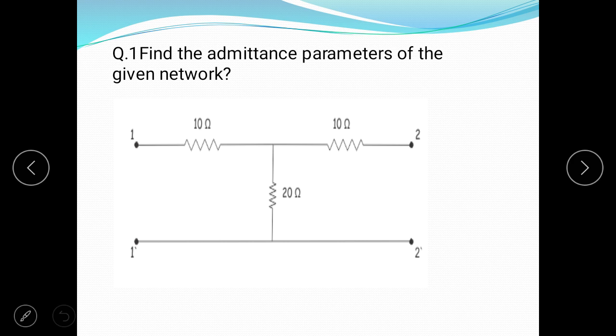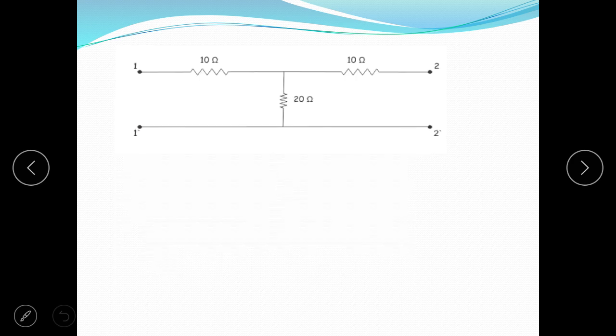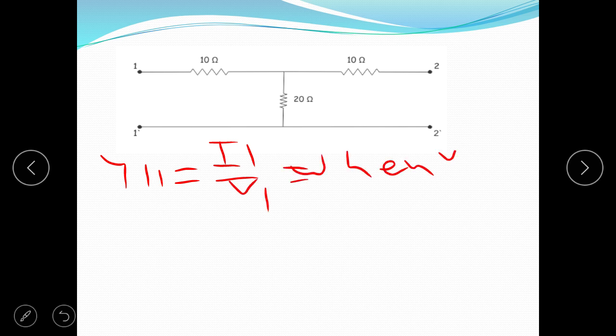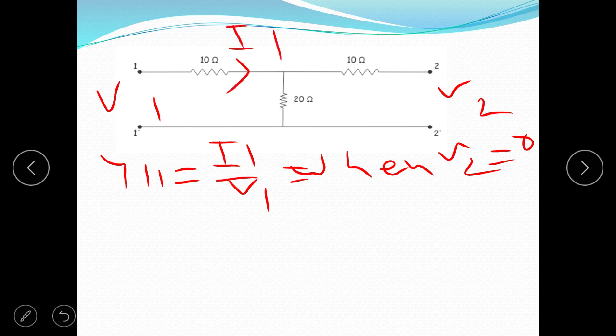First of all, we calculate the value of Y11. So Y11 is equal to I1 upon V1 when V2 is equal to 0. V1 is the voltage at port 1 and V2 is the voltage at port 2. I1 is the current at port 1 and I2 is the current at port 2.